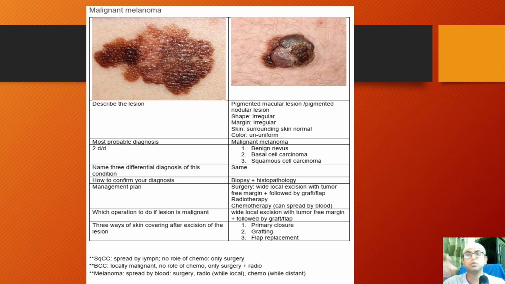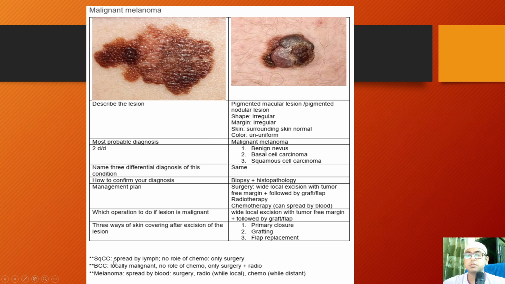I will discuss it with a diagram of the Breslow thickness classification, so you will see that lecture in detail. If the lesion is much more enlarged, a flap or graft is needed, or if it is small, primary closure can be done.